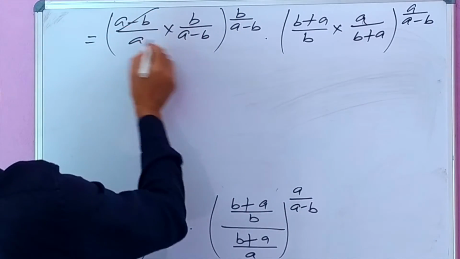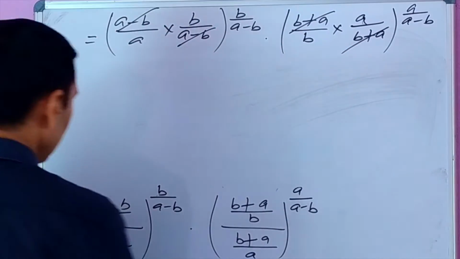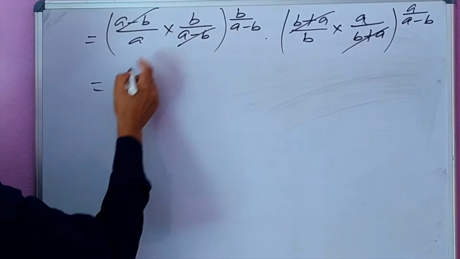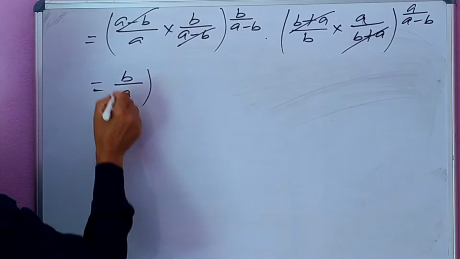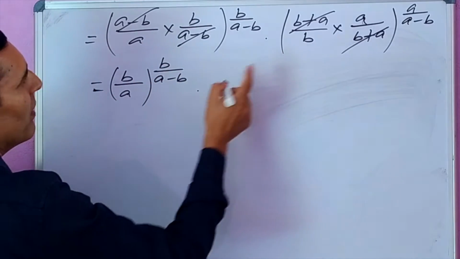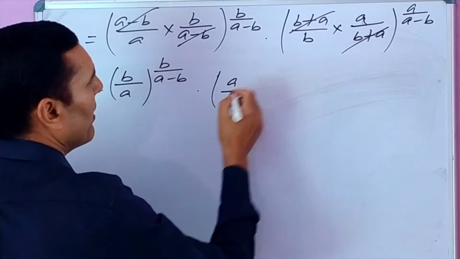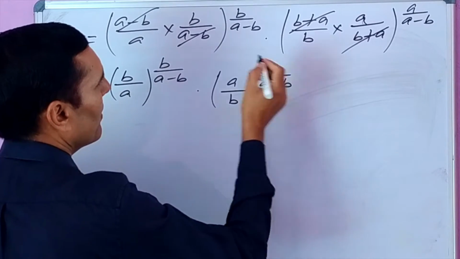Now this a minus b and b plus a cancel. So what we have here is numerator b, denominator a, b upon a to the power b upon a minus b, into the second bracket, numerator is a, denominator is b, whole to the power a upon a minus b.